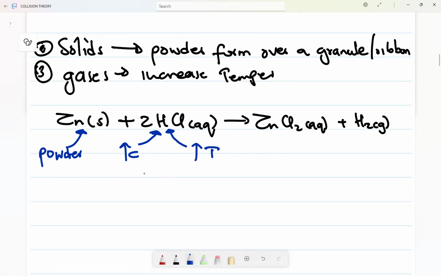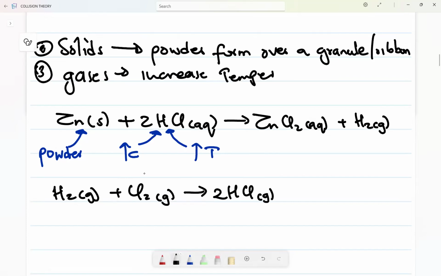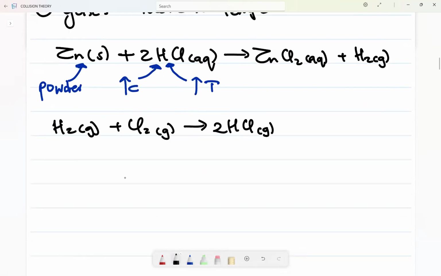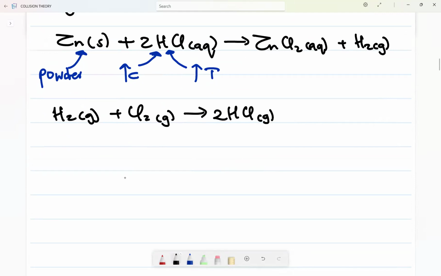Another thing that I can do, let's consider this reaction. H2 in the form of gas plus Cl2, this is also a gas, giving me 2 moles of hydrochloric acid, but in the form of gas. Okay. Now, what can I do to increase the reaction rate here?